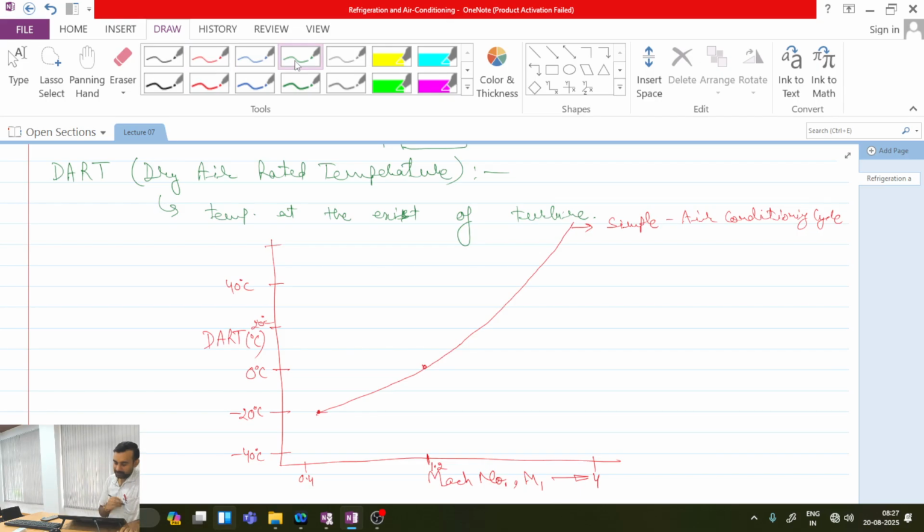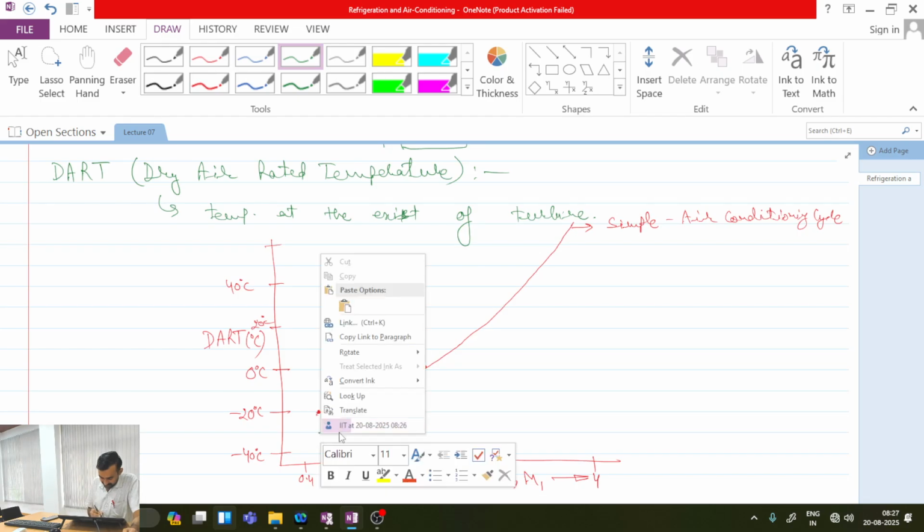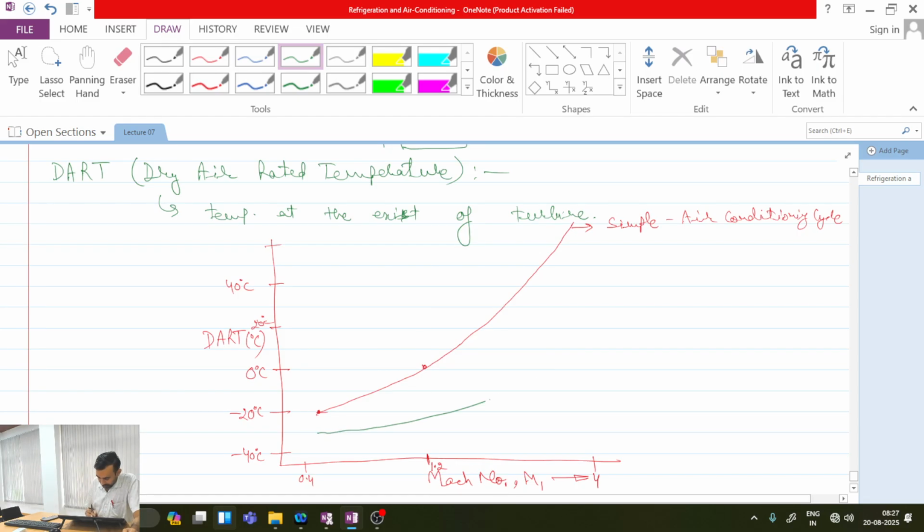Now let me talk about the bootstrap cycle. Okay. So in case of bootstrap cycle, you will be finding starting temperature is even further low, and it goes something like this. So this is bootstrap cycle. Then we have next one, regenerative cycle. It will be starting somewhere here.